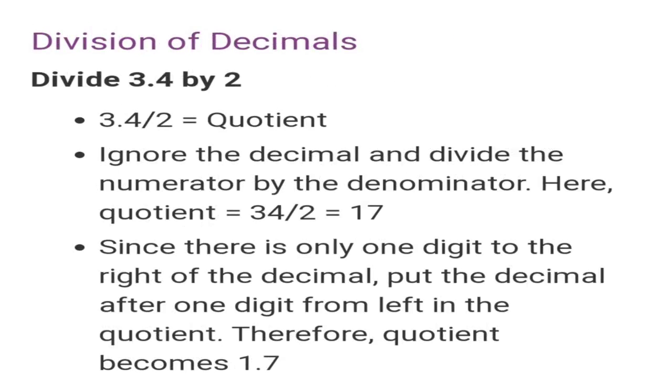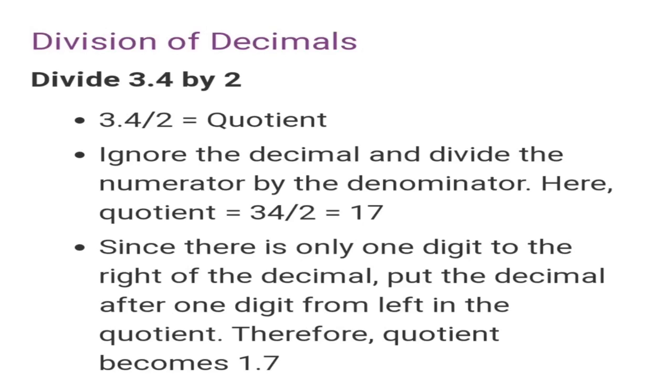Similarly, let us learn about division of decimals with the help of an example of 3.4 divided by 2. Well, here we would ignore the decimal and then divide the numerator by the denominator. Thus, 34 divided by 2 gives the value or quotient as 17.